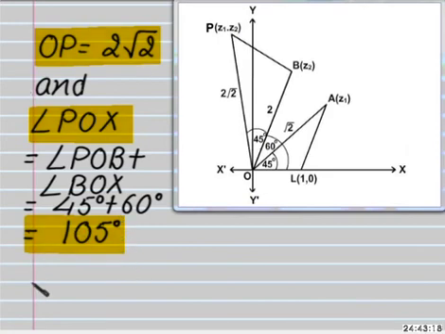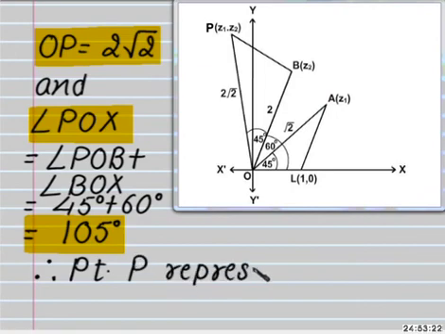So therefore we can say that point P represents the product of the complex numbers Z1 and Z2.